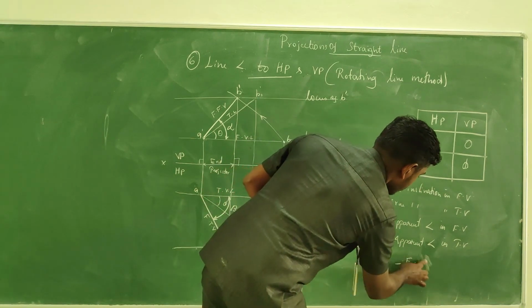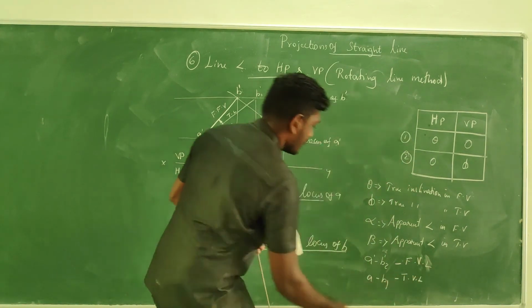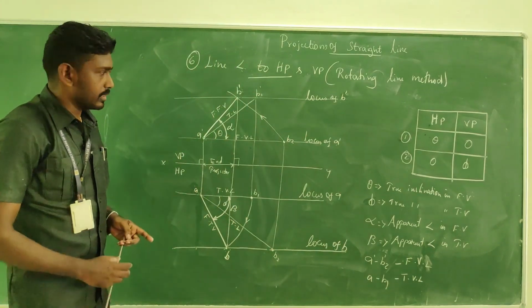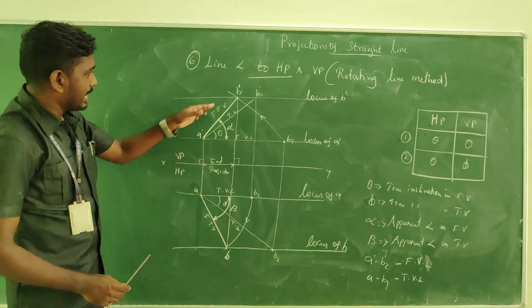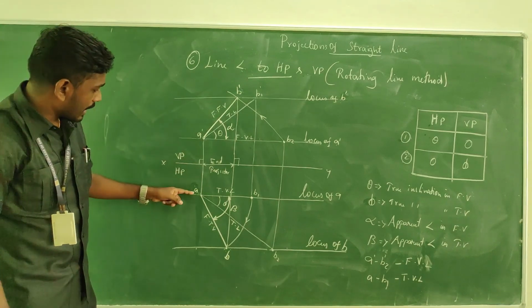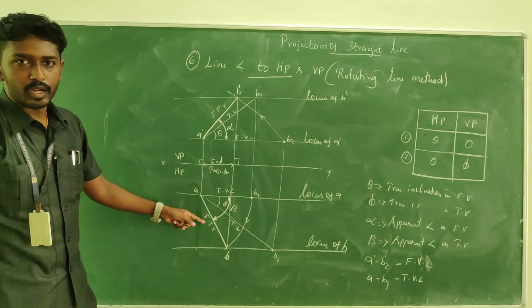This is a front view length. This is a top view length, and the line A dash to B dash is the final front view, and A to B is the final top view.